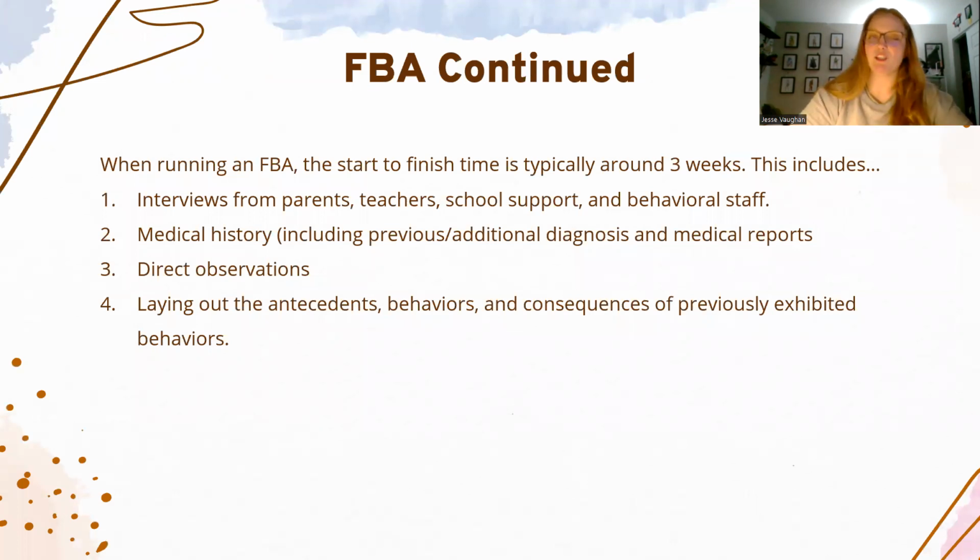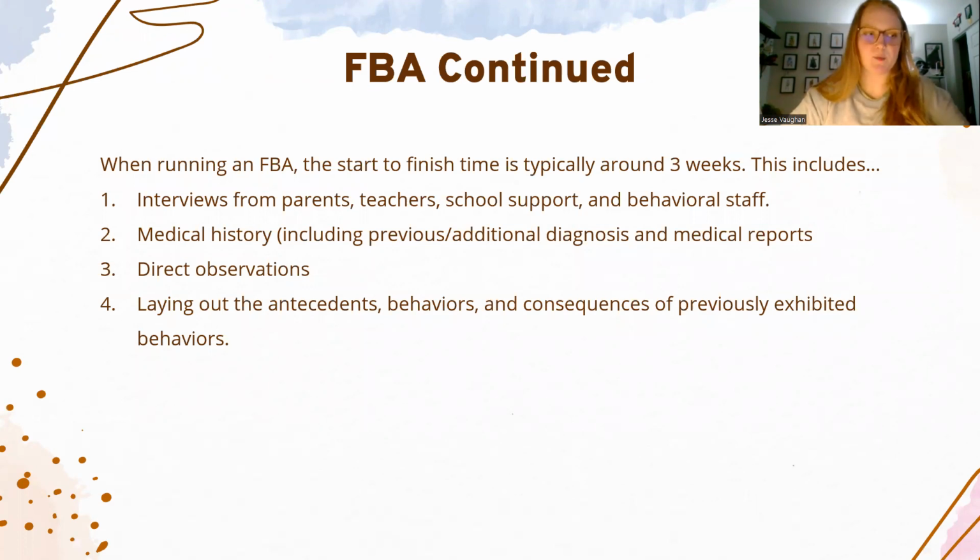Continuing with some information about the functional behavior assessment. When running one, the start to finish time typically takes about three weeks. It can be as short as maybe a week and a half, and can also be drawn out depending on access to the different people and communication that you may need.